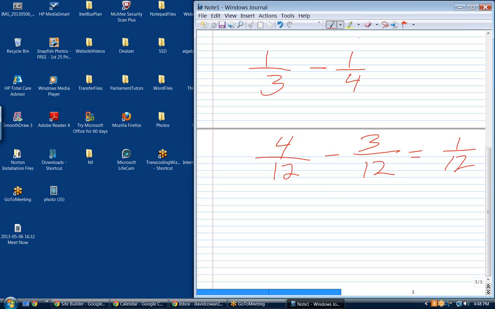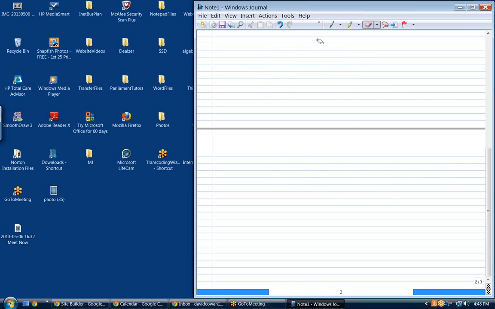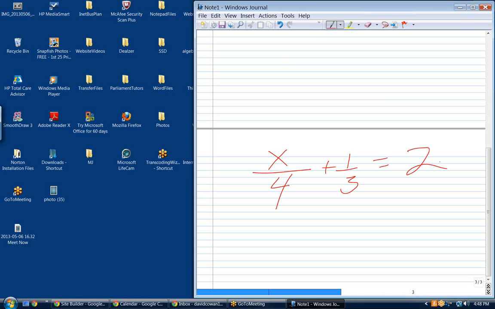Okay, let me think of some other algebra stuff. Solve this for x. It would be x over 4 equals 2 over 3. No? Negative 2 over 3.